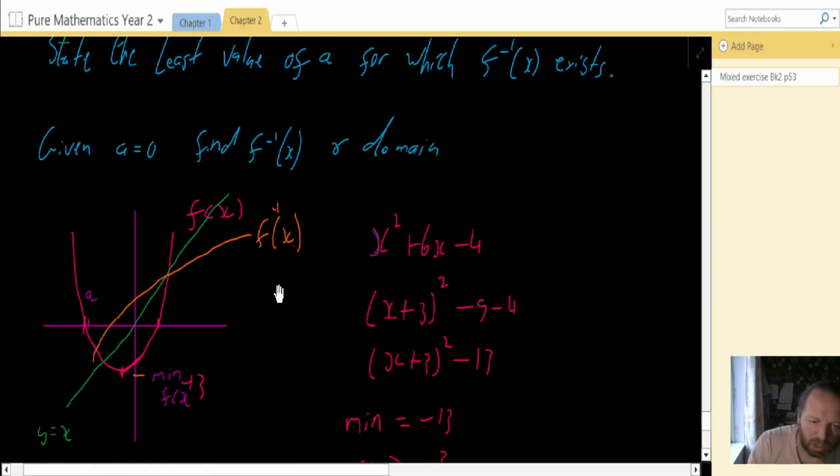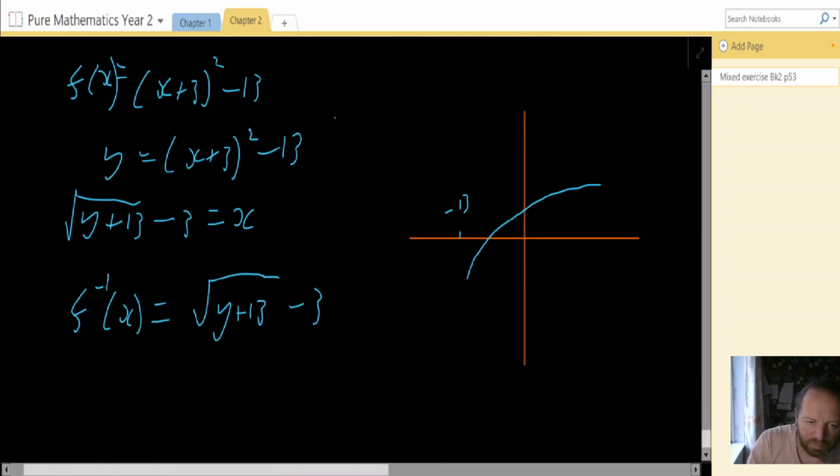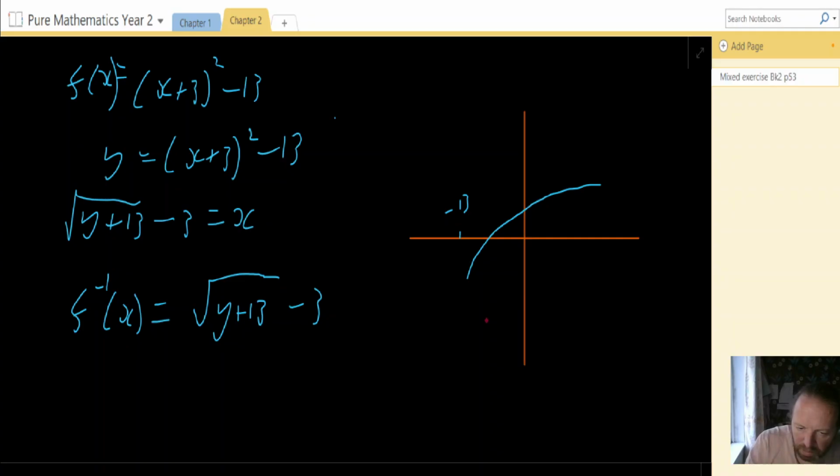Remember, for f of x, which came down here to minus 13, and it was like that, that's your minus 3-ish. So that's your f of x, and that's your f of minus 1. But that was when a is minus 3.